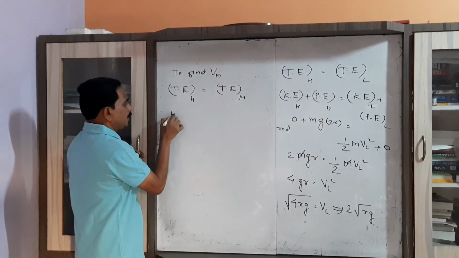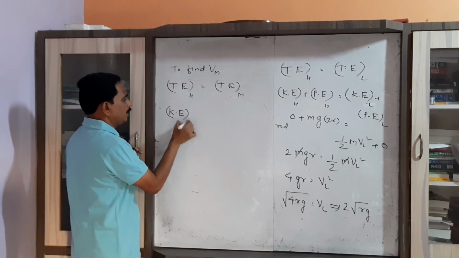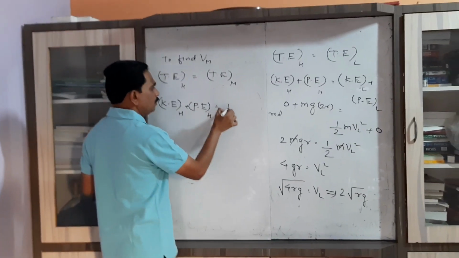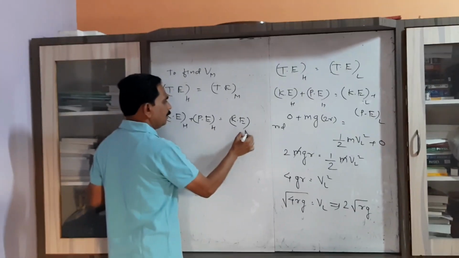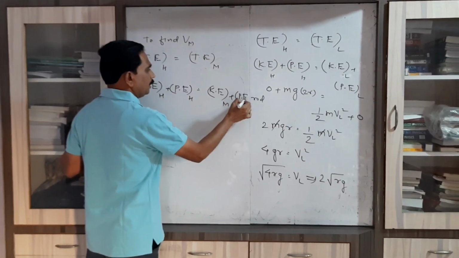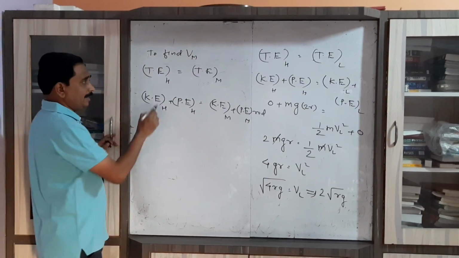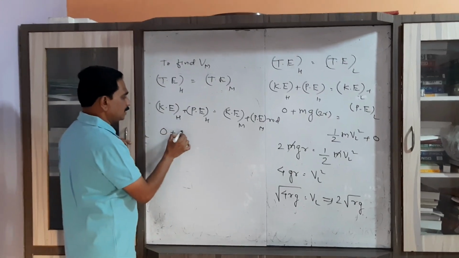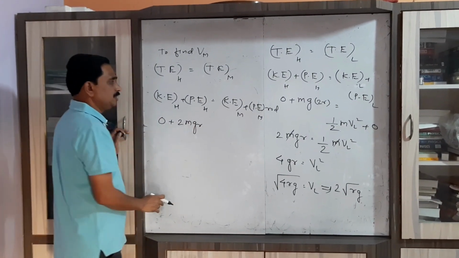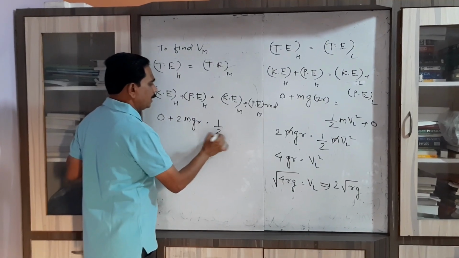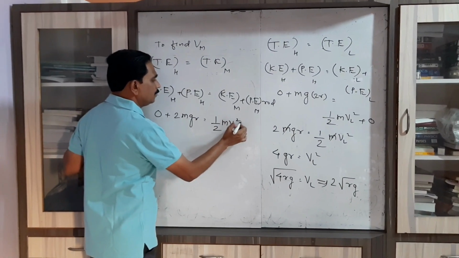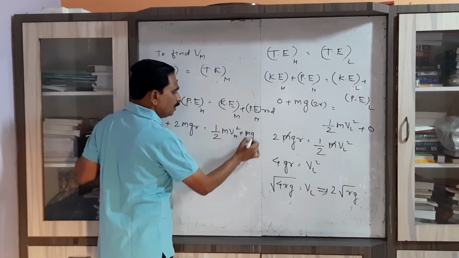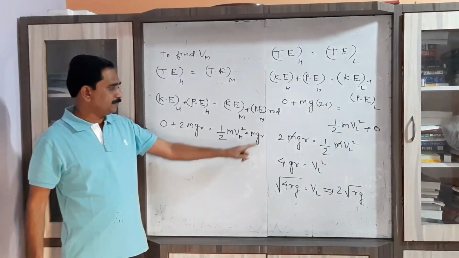Now here again consider kinetic energy and potential energy at highest, equal to kinetic energy at middle plus potential energy at middle. Again, the value of velocity is 0, therefore kinetic energy is 0. Potential energy is twice mgr. Then kinetic energy at middle is half m vm square. And at the middle position, the height is equal to the radius. Therefore, the potential energy becomes mgr.